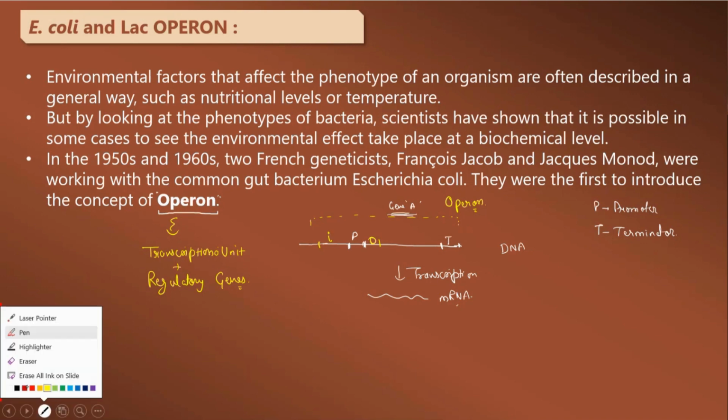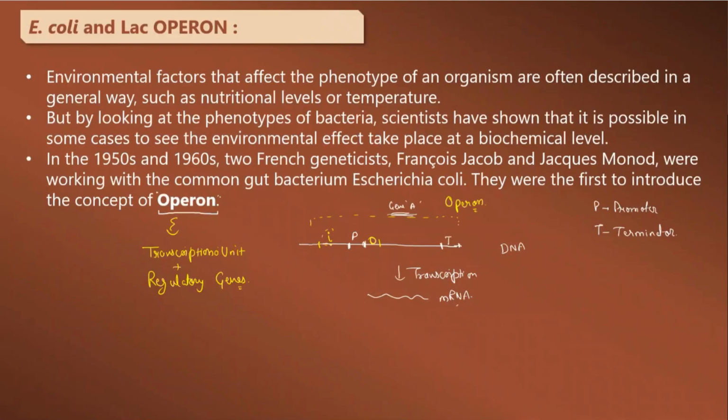This gene I also undergoes transcription and translation, and after translation it synthesizes some proteins. These proteins either activate the structural gene or inhibit it, meaning your gene can be switched on or off using these proteins.